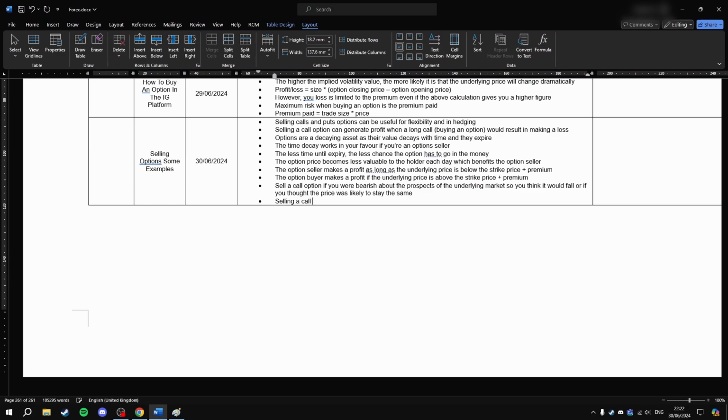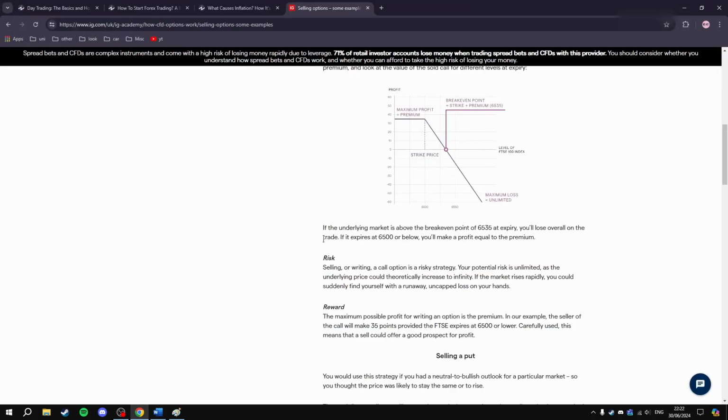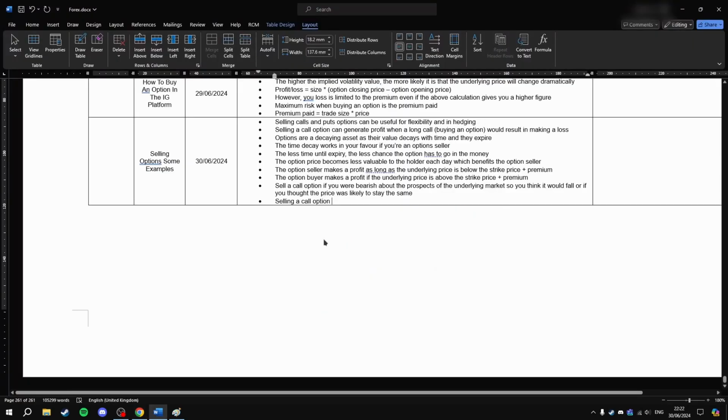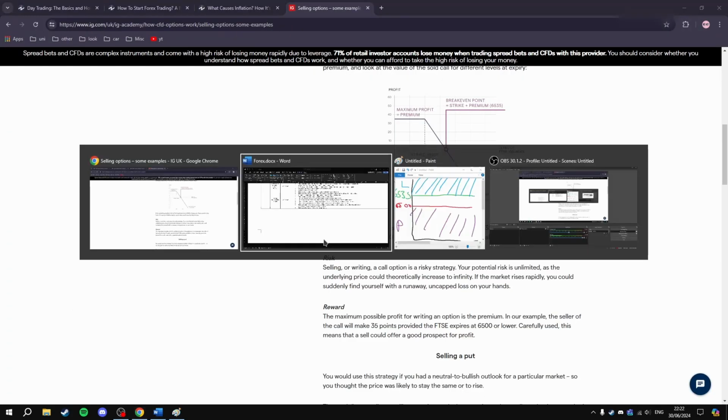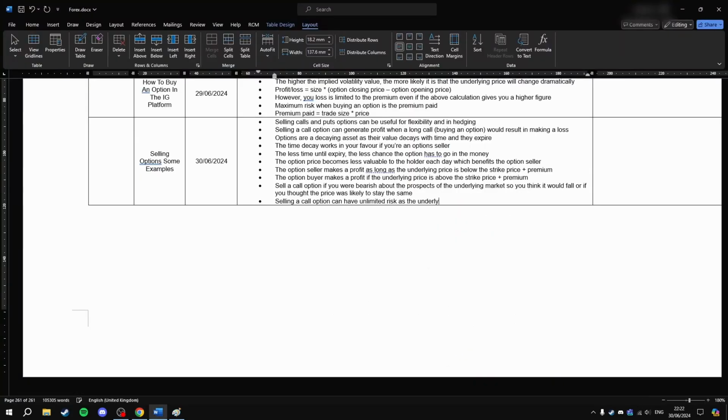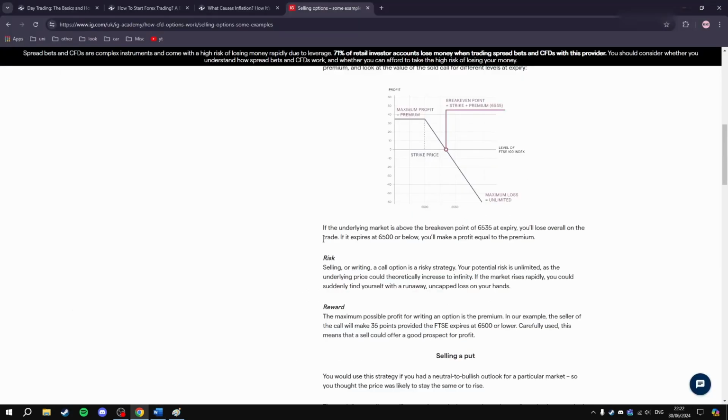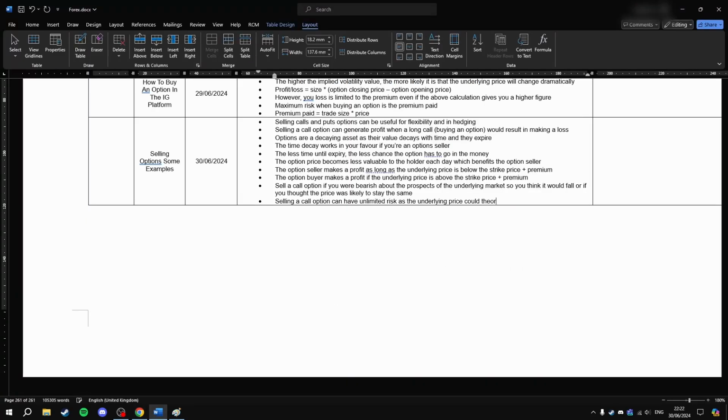Selling a call option can have unlimited risk as the underlying price could theoretically increase forever.